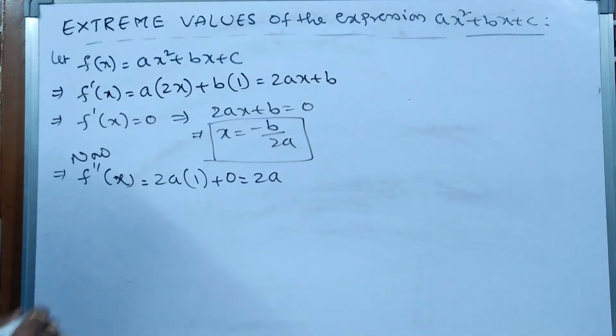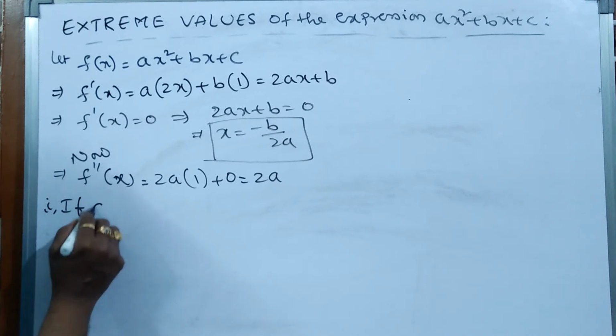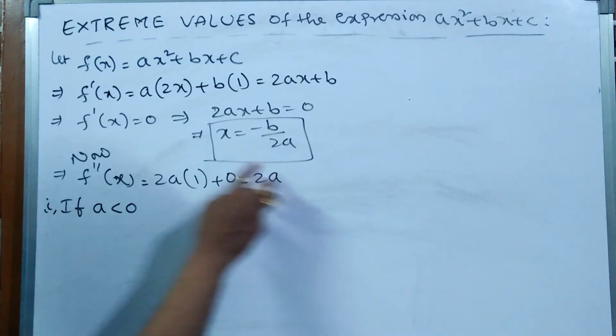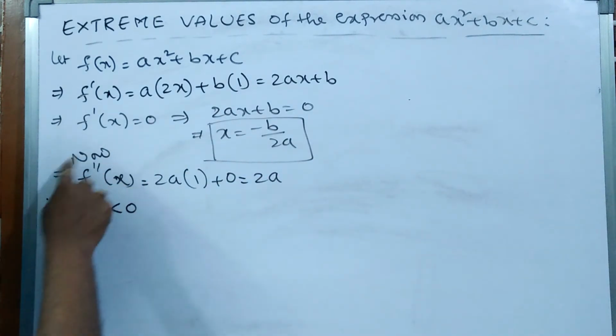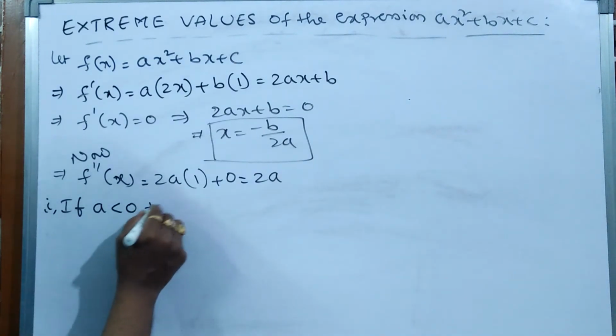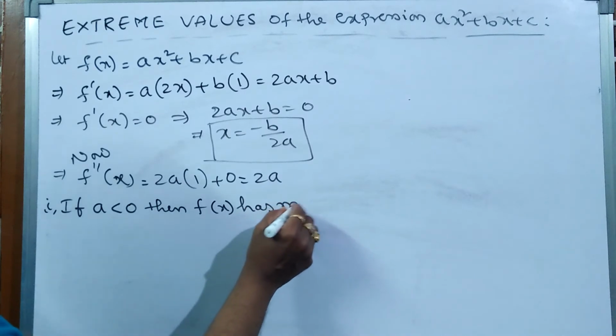For that reason, if a is less than 0, then f''(x) is negative, and whenever f''(x) is negative, f(x) will have a maximum value. So if a < 0, then f(x) has a maximum value.